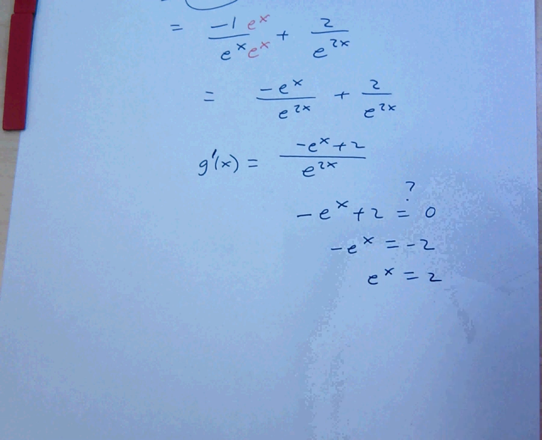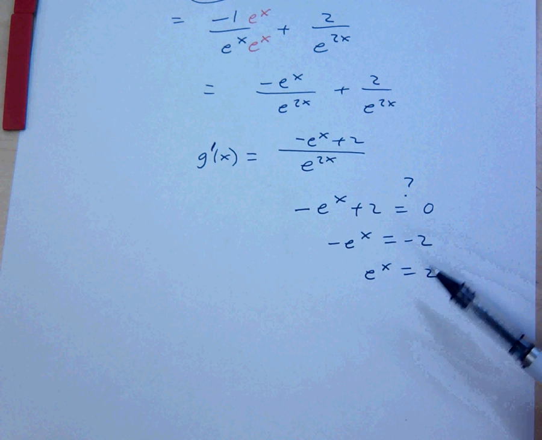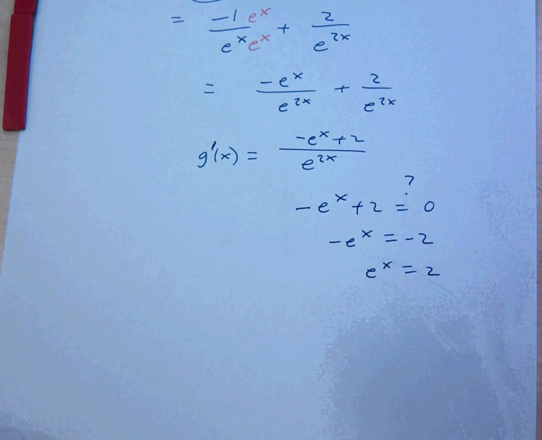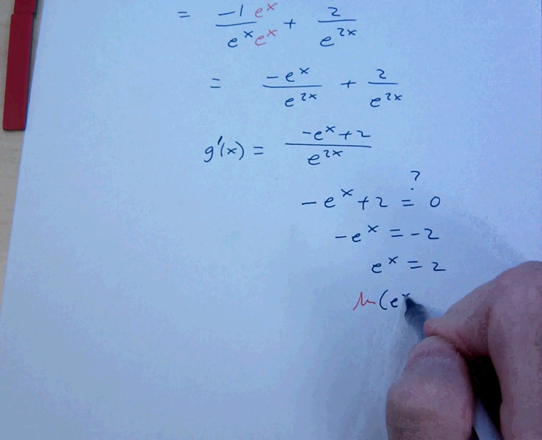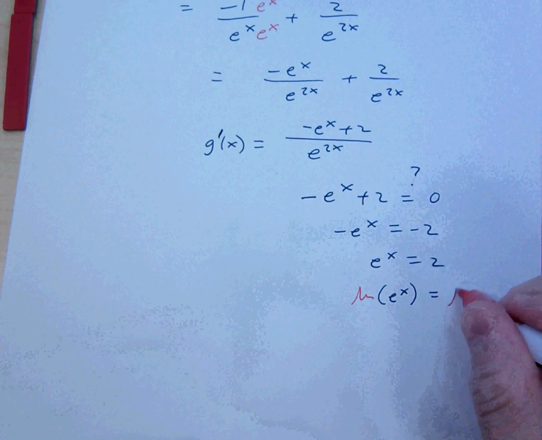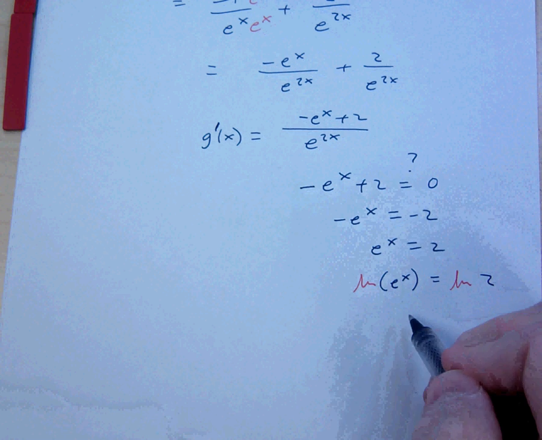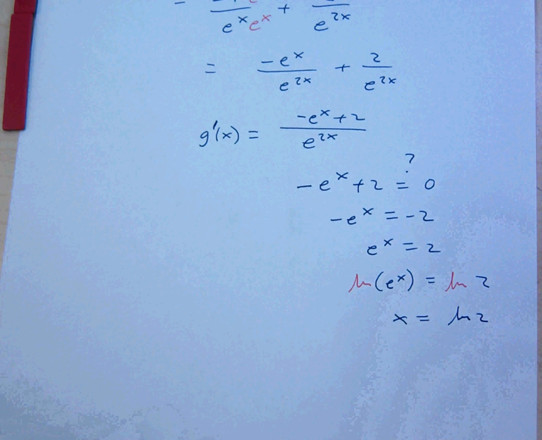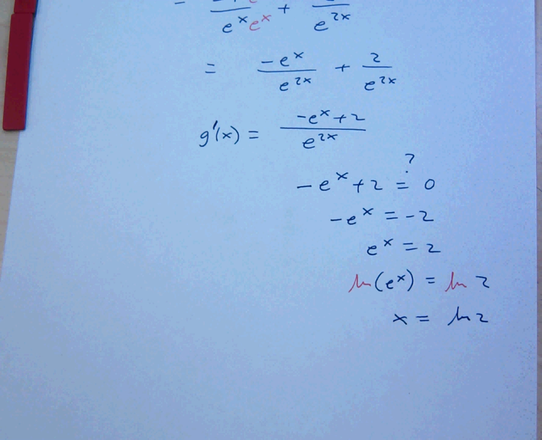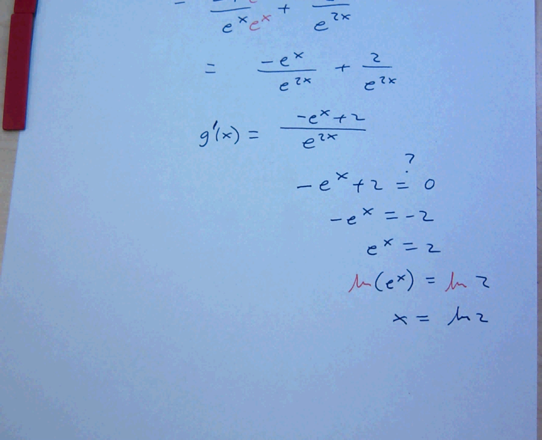And now how do I continue solving for x here, guys? Take the ln of both sides, very good. Take the natural log of both sides. And that gives me x equals ln of 2. Okay, so that's my only critical number, isn't it?